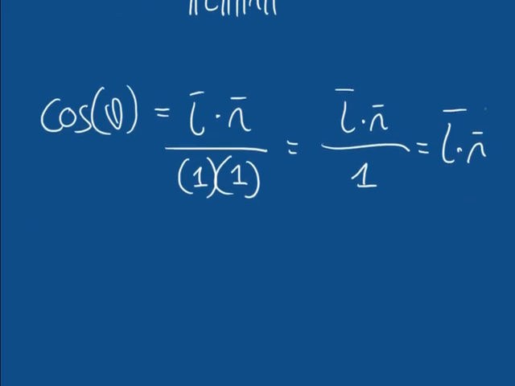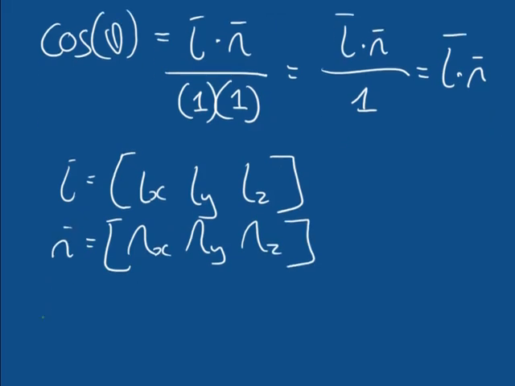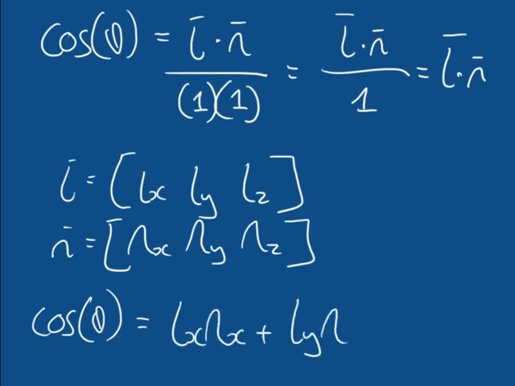n. So notice, if it's simply equal to L dot n, we can use the component definition of our dot product in order to find the cosine of that angle. If we said that L was equal to the vector Lx, Ly, Lz, and n was equal to the vector nx, ny, and nz, then we can find the cosine of the angle using that component definition: Lx times nx plus Ly times ny plus Lz times nz.